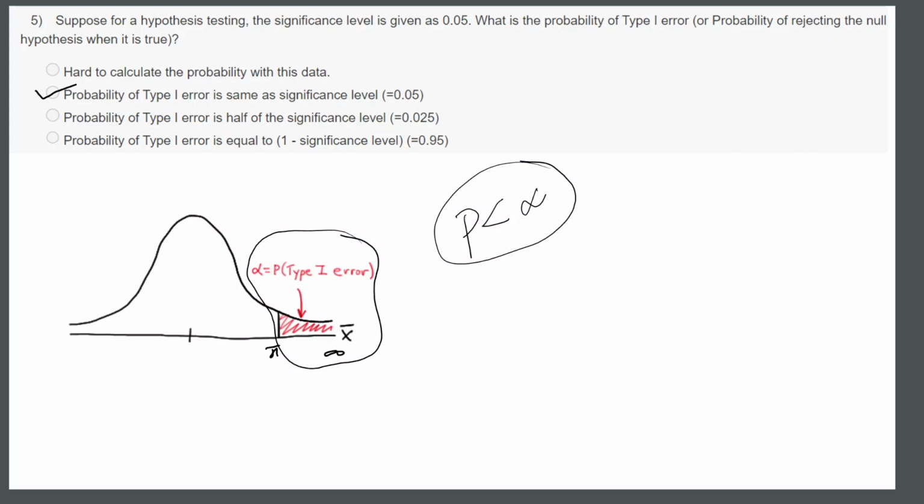Sorry, I mean, we are rejecting the null hypothesis when the p-value is less than alpha. But the probability that it can be true is alpha itself.